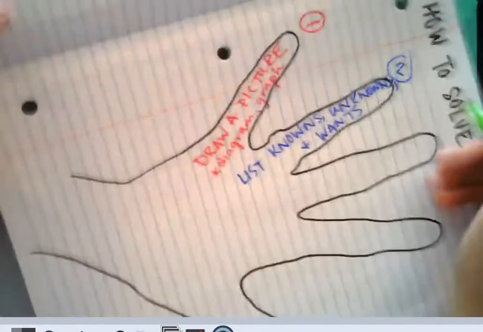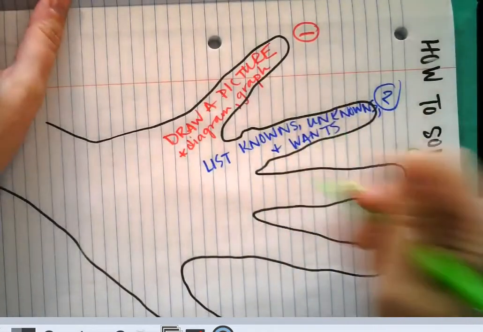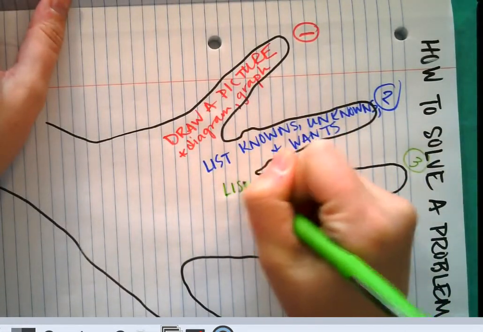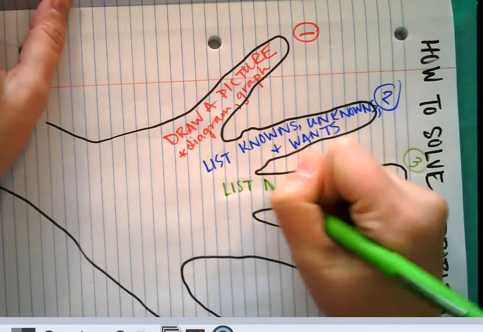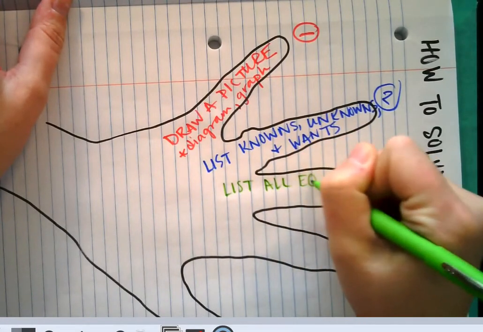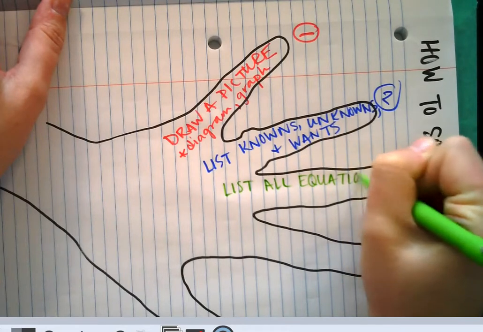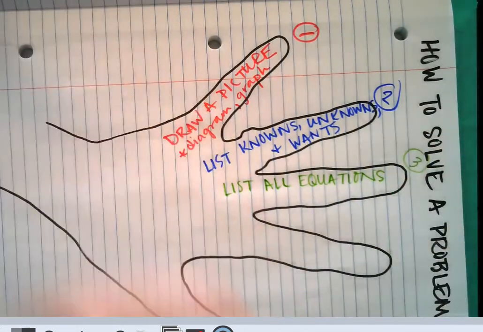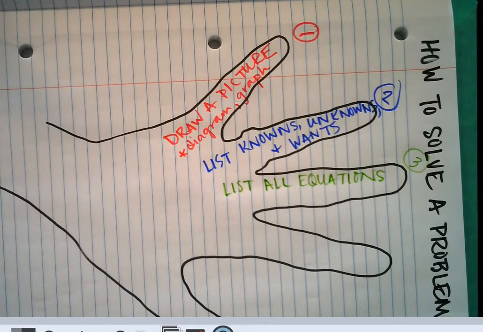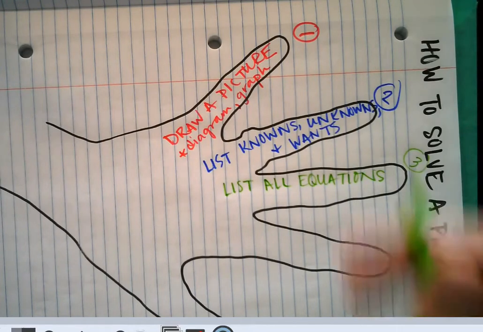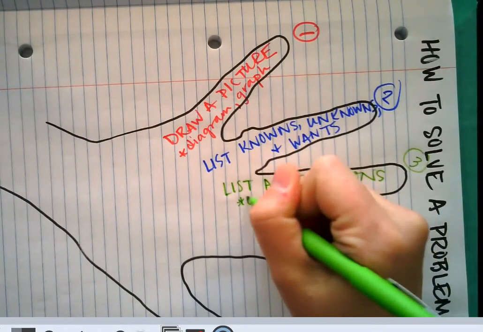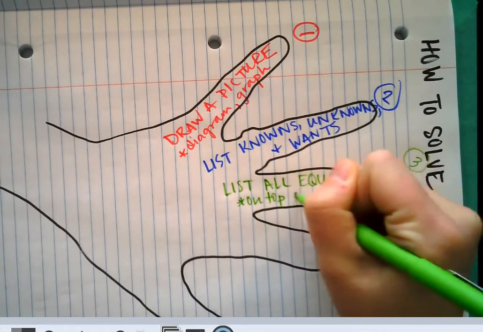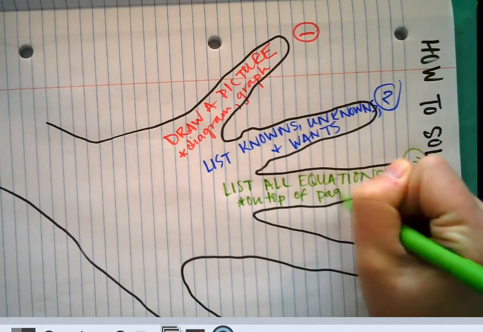Number 3. Even though it's confusing at first, list all equations. You may have a wide variety of equations that you need to use to solve a problem. I like to do this on the top of a page, so that way they're written in one place.